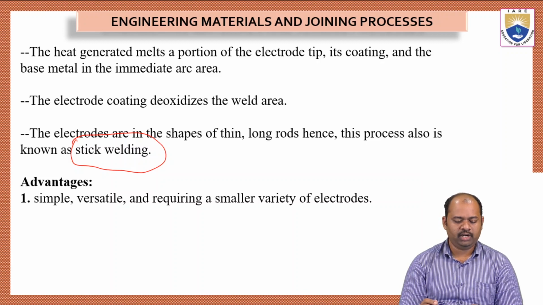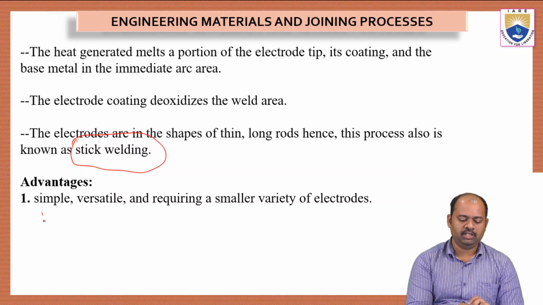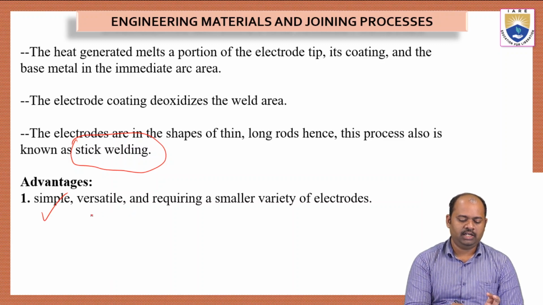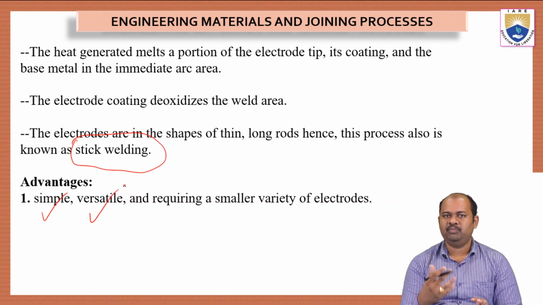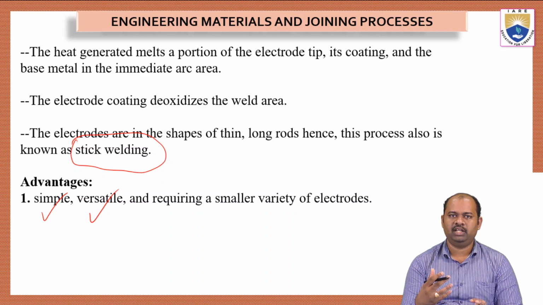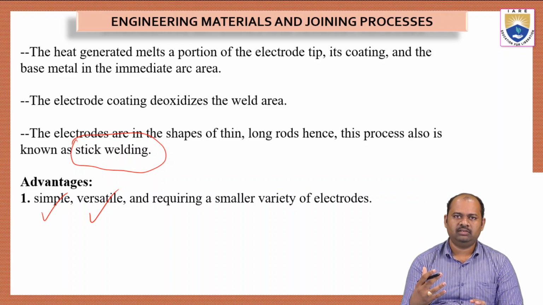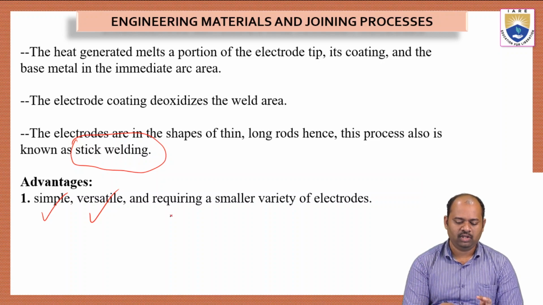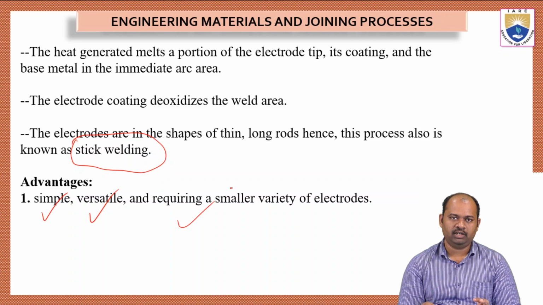So what are the advantages of this process? This is very simple. Any person can do it with a little practice, and it is versatile. It can be used in any place and it can be used for welding at any elevation. Like for a 1,000-story building, we can do welding there also, and it requires a smaller variety of electrodes.